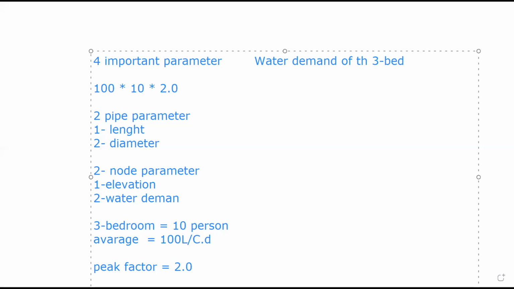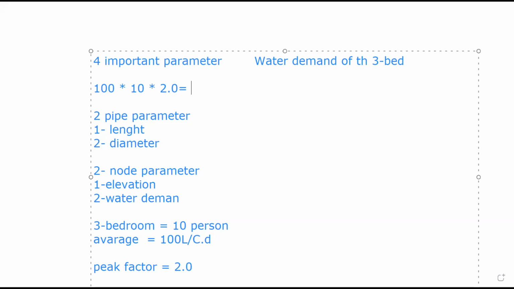You understand? If there are 10 persons in the 3-bedroom and one person is consuming 100, what is the total demand? It is 10 times 100. But then you also have to multiply by the safety factor, jacking it up, because that's what the standard says. The standard says that you must design in excess in case there are changes, in case there are losses, right?